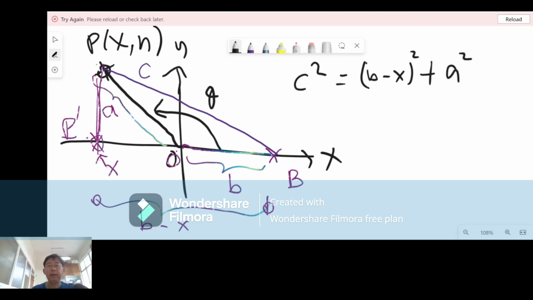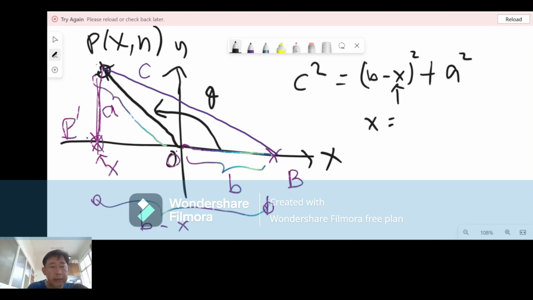So I think that is quite straightforward. Then we would want to express the value of x in terms of angle theta. So here the value of x is just equal to what?